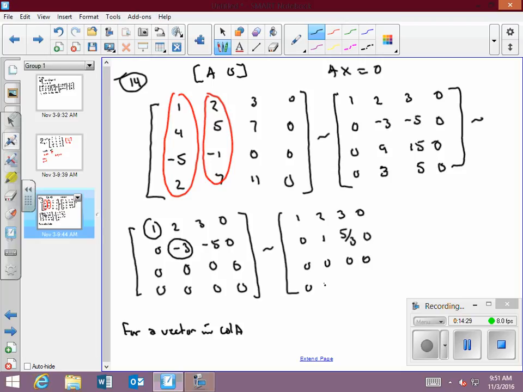And now I got to get rid of this 2 right here.